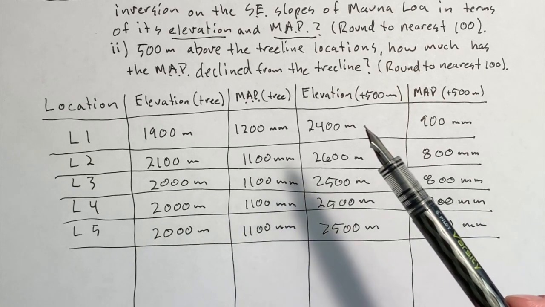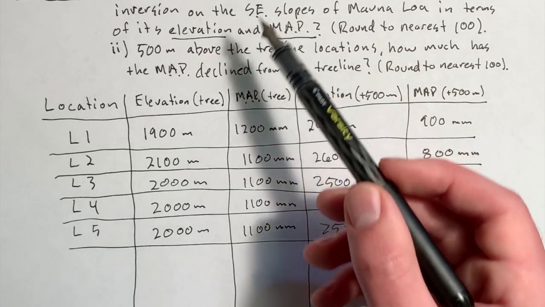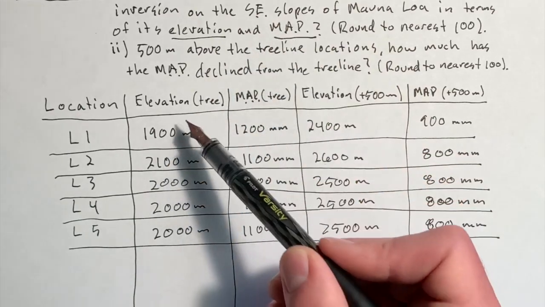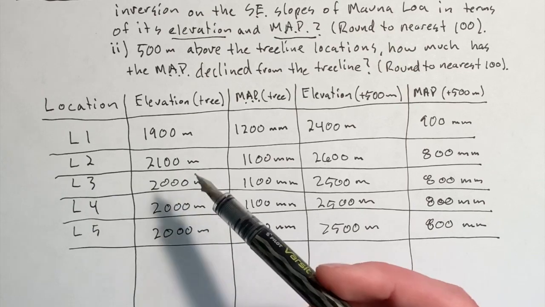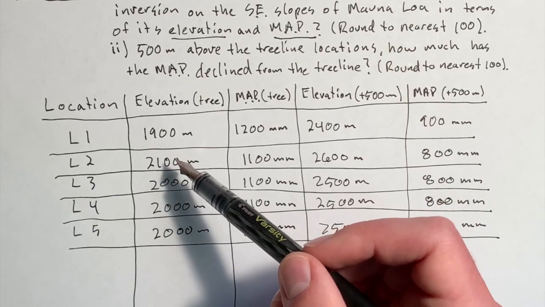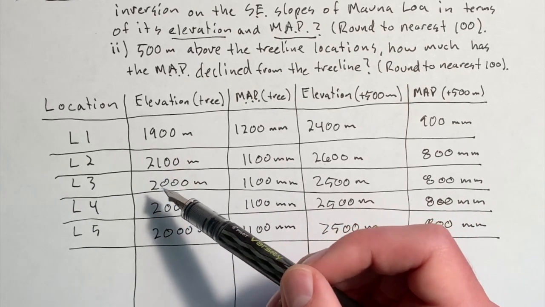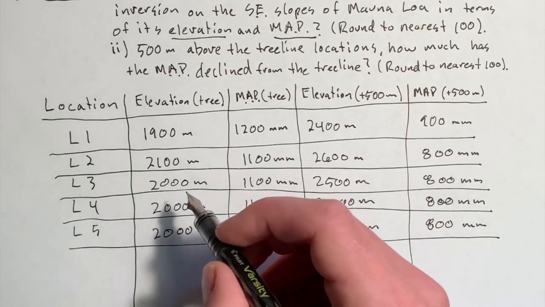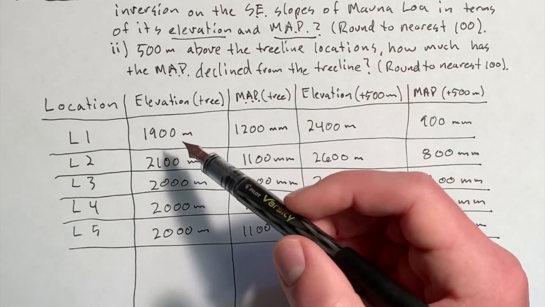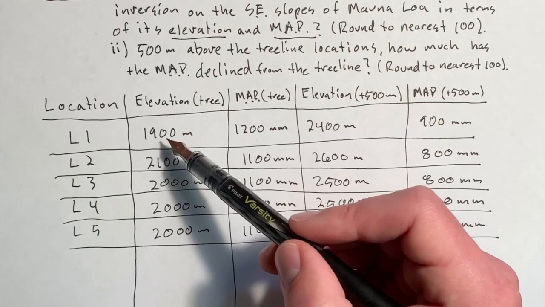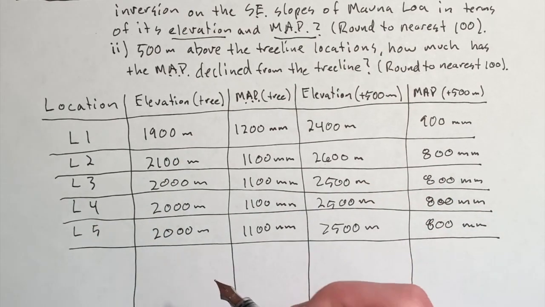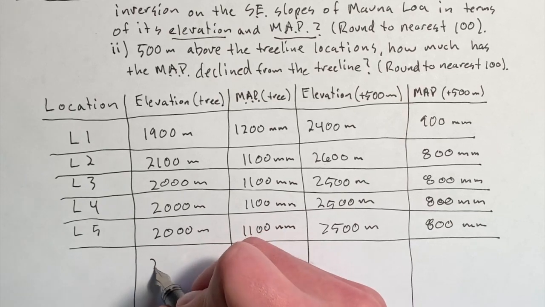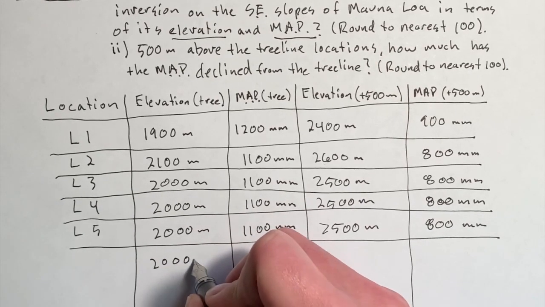So first of all, in terms of elevation, our mean elevation of the tree line is just going to be 2000 meters. The easiest way we can do that is just add up this plus this plus this plus this plus this divided by 5, and that's just going to come out to 2000 meters.